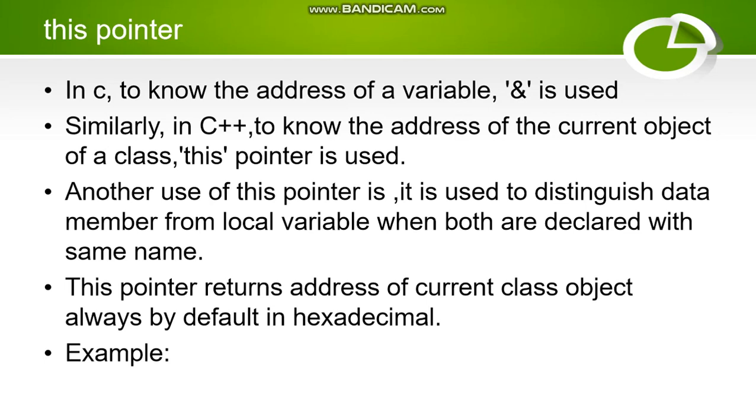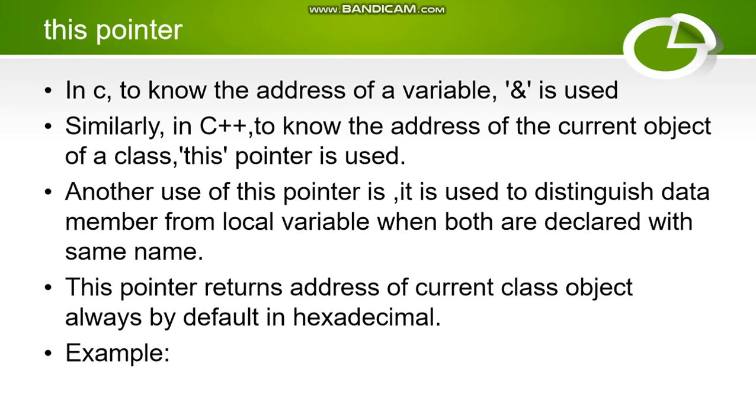Then we have seen the this pointer concept. This pointer is mostly used, so please try the examples on this. In C++ we use the this pointer to know the address of the current object of a class.